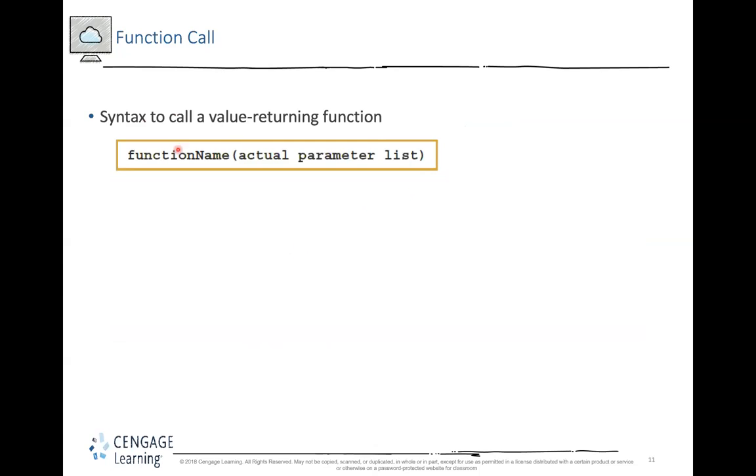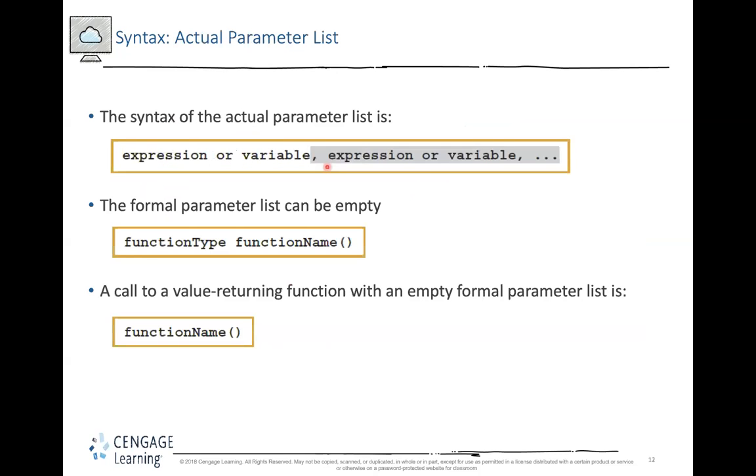A function call, you just saw an example with the pow power function. You use the function name, and then you give it an actual parameter list, or arguments. Now the arguments are actually an expression in themselves. The comma is actually an operator in C++.